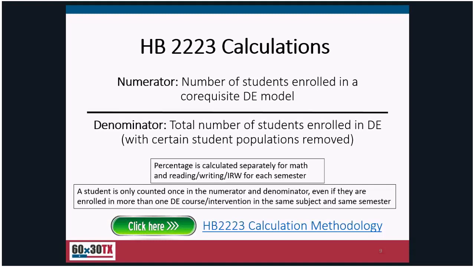Once you get to that final number in the denominator, of those students remaining, how many of those students are then enrolled in corequisite models, and that makes up the numerator. So I hope that provides a little bit of clarity, but again, I strongly encourage you to go out there and look at those resources, and I believe that point would be very, very clear.